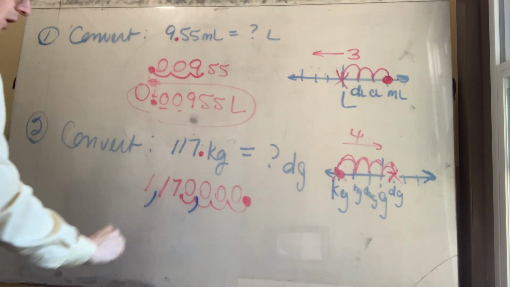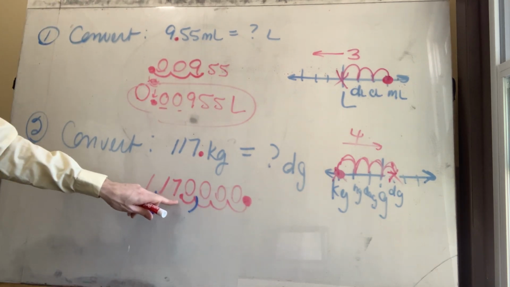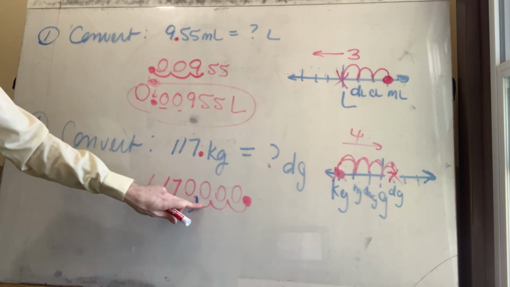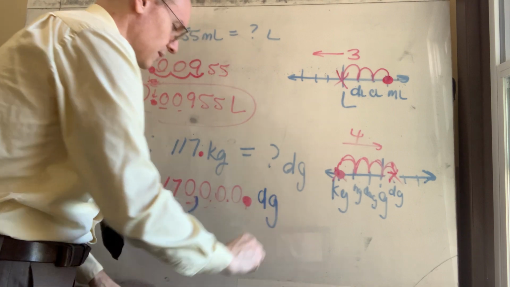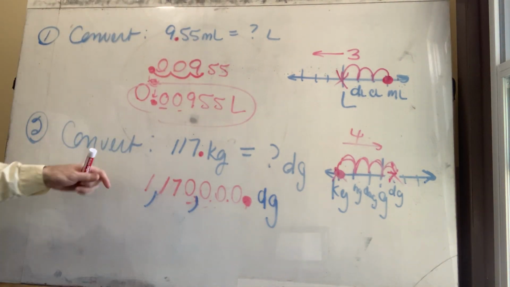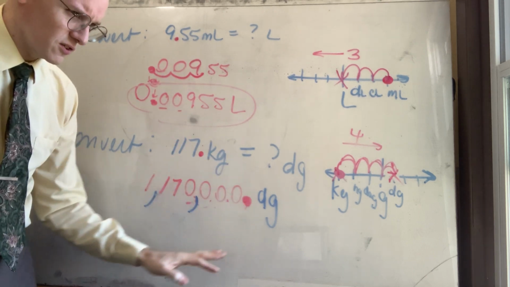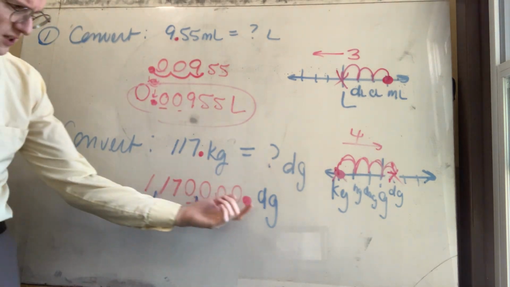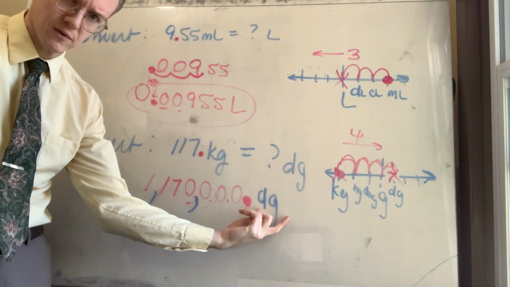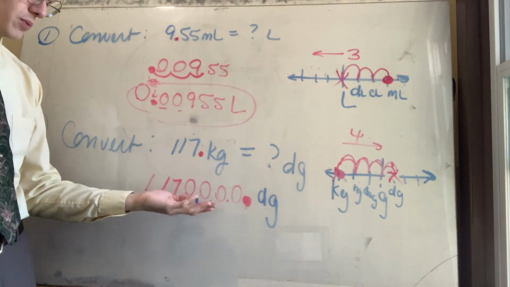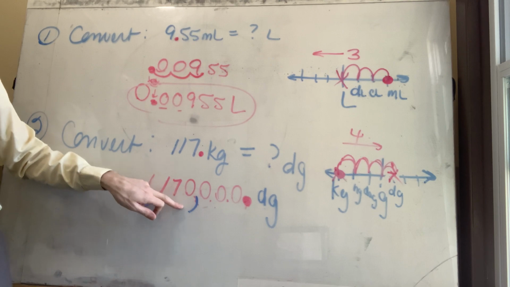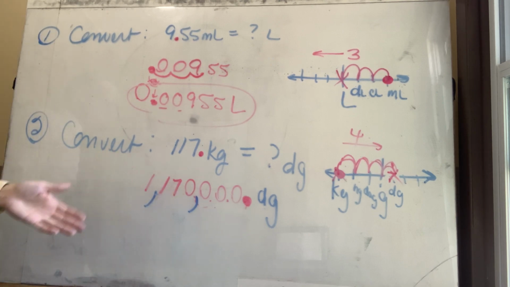So it would be 1,170,000 decigrams is the equivalent. It looks different, right, naturally, but it is actually the same quantity. It's just using a much smaller increment, right, much smaller unit. So it is arguably more impressive, right, because it's such a large number, right?